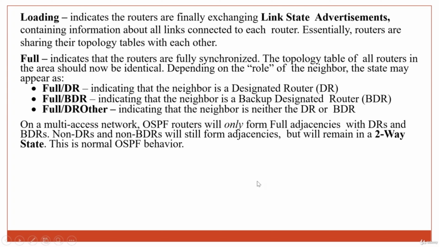We'll see that if we have a broadcast network, then they will have roles like DR, BDR, and DROther. In a broadcast network, the DROthers will stop at the level of two-way, because in that case you are giving the authority to the DR and BDR to exchange all the LSAs, rather than all the DROthers exchanging their database packets.